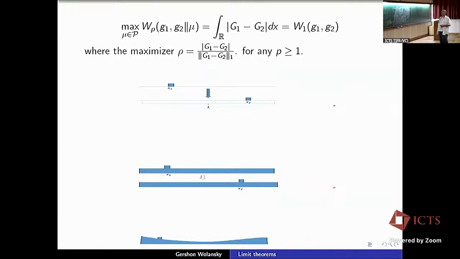So this is just the integral of the difference between the accumulation functions, which is, as we saw, the Wasserstein 1 distance between G1 and G2, and this is the minimizer. Oh, it will be not 1, but it will be this weighted distance between G1 and G2 normalized by the L1 norm.